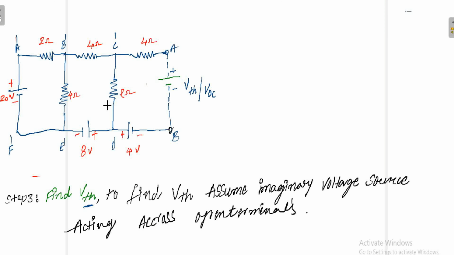Among these 3 loops, which one is the simple loop? C dash, A, B, T dash, C dash. We always go for simple calculations, so let us consider this loop.